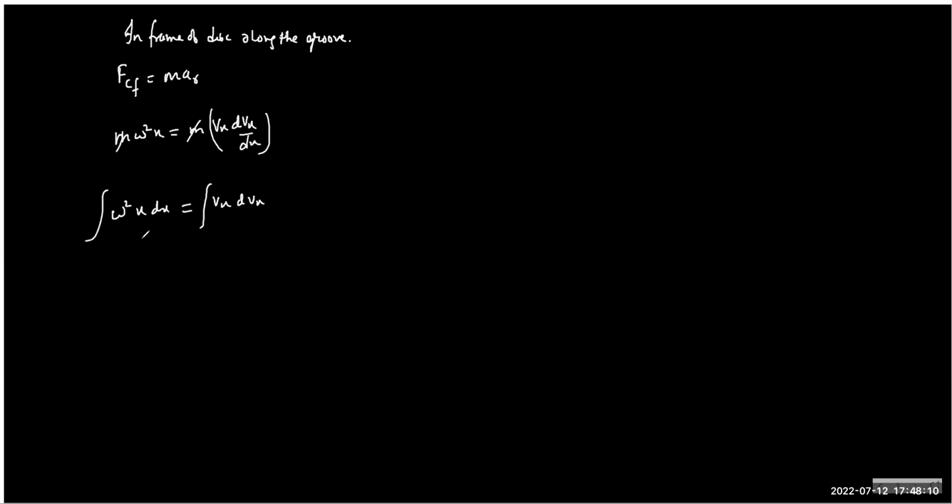At t equals 0, how much was x? Can you guess? 0 or something else? The block initially was kept at what position? Have you read the question? Read the question and tell me where the block was at t equals 0.